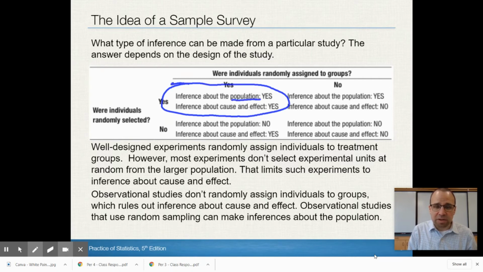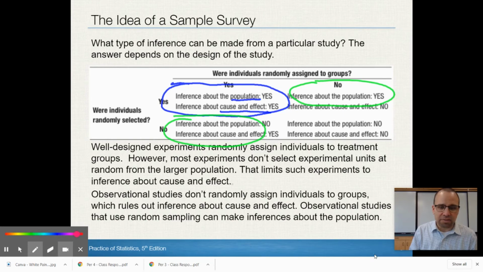Then you could make an inference about the population and about cause and effect. Okay, but most of the time, you're going to be here or here, depending on whether or not you're doing a study to generalize to the population or a cause and effect. And we don't want to ever be here. Okay?